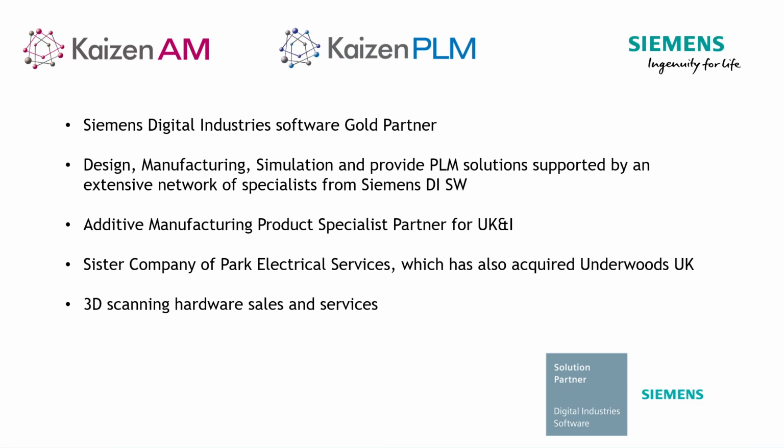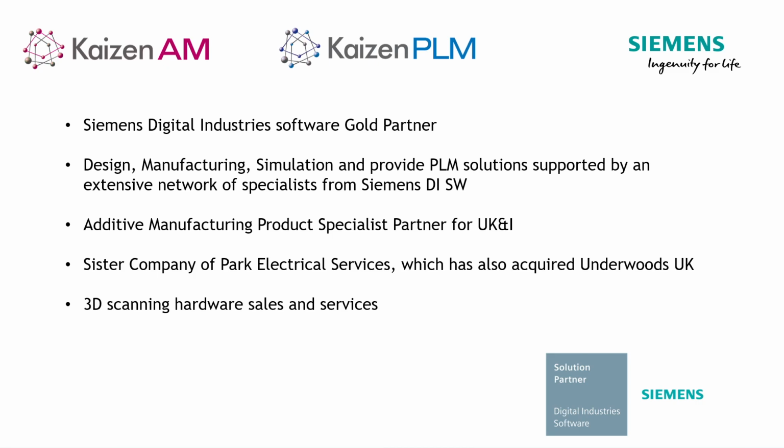Let's give you a quick summary again around who Kaizen PLM is. They are Siemens Digital Industries Software Gold Solution Partners, as Anthony mentioned earlier, and they are into design, manufacturing, and simulation, and provide PLM solutions that are supported by the many specialists from the Siemens DISW division. They are also smart additive manufacturing product specialist partners for the United Kingdom and Ireland, and that's where Kaizen AM comes into that part of the business.